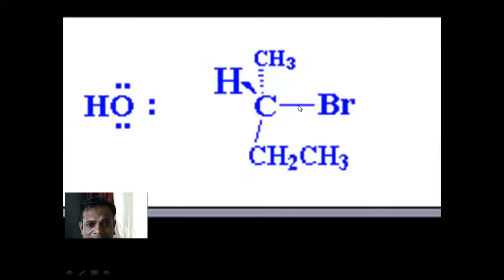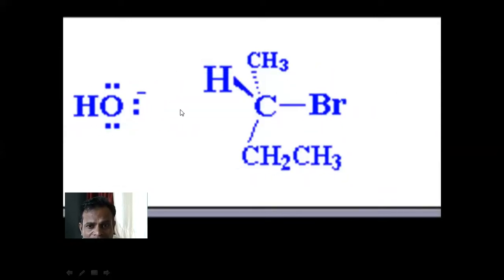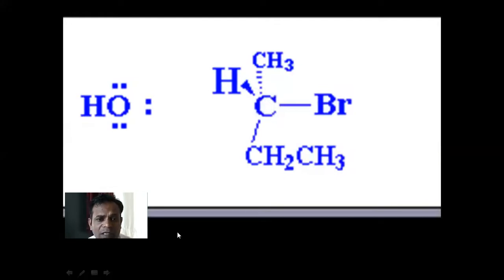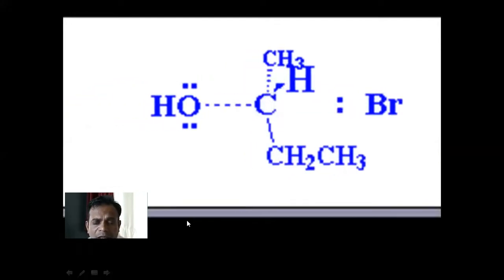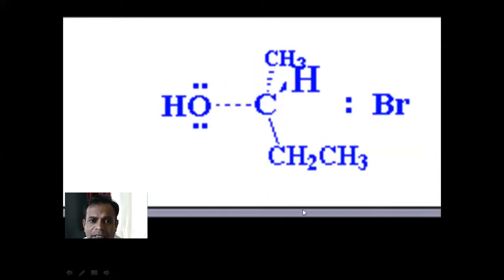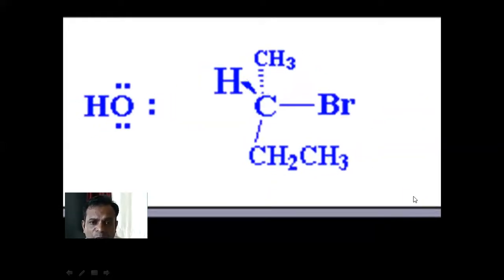So this is also another example. Generally, this is an alkyl halide when reacted with KOH. The bromine leaves here. See here, there is a removal of bromine.